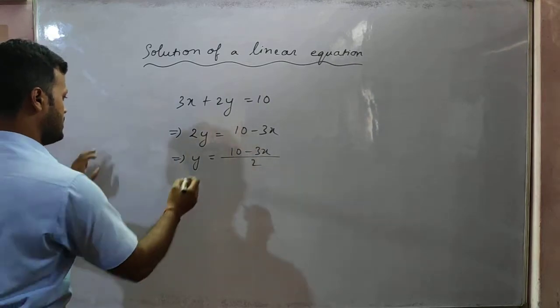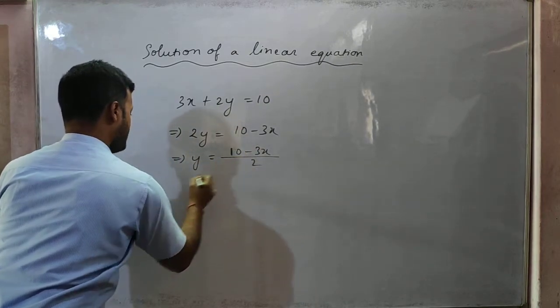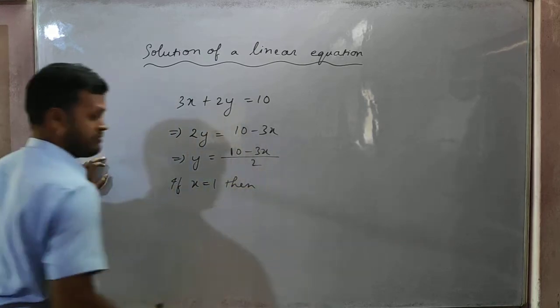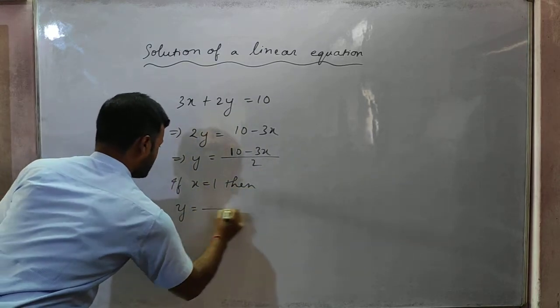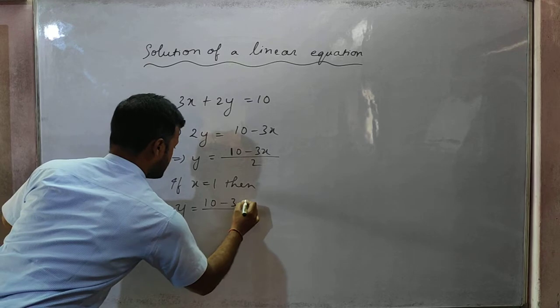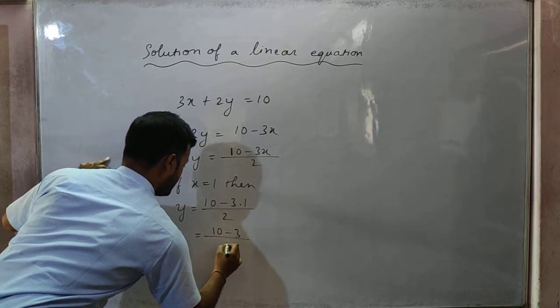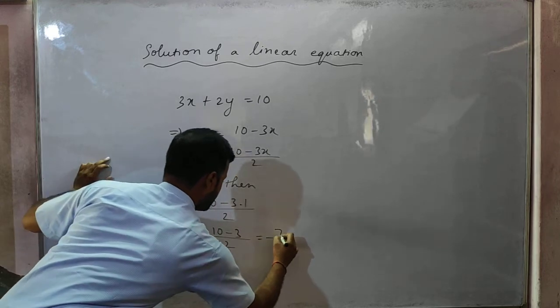Okay, students. Now if you consider any value of x, suppose x is equal to 1, then y is equal to 10 minus 3 into 1 by 2. So 10 minus 3 by 2, that means 7 by 2.